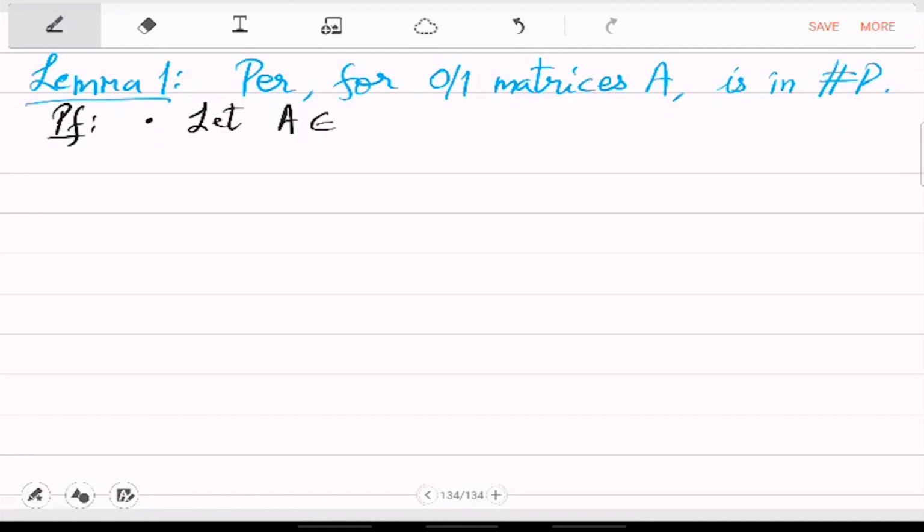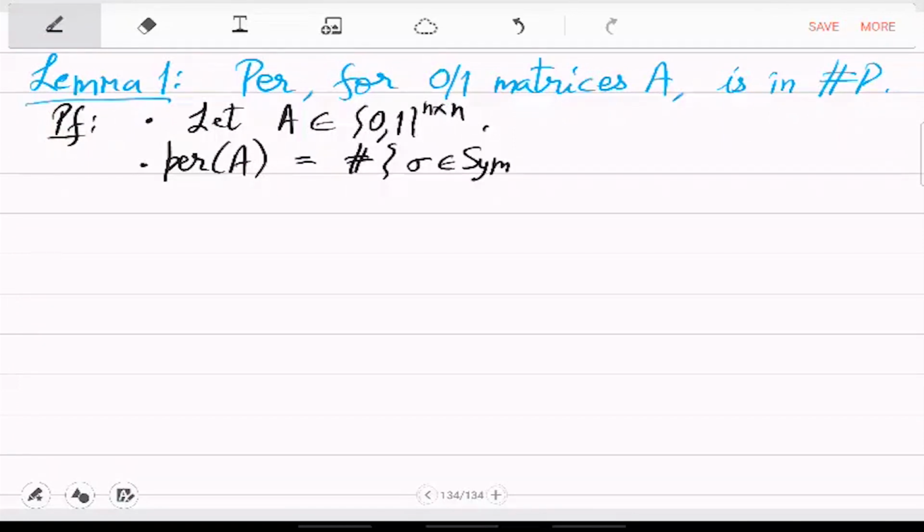So let A be a 0, 1 matrix, n cross n. Permanent of A is the number of permutations such that this product of those n entries is 1.